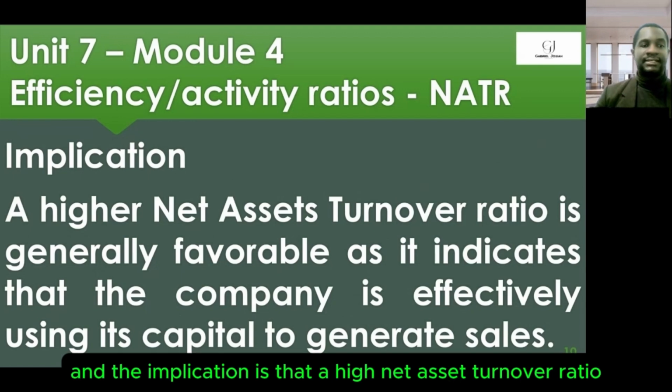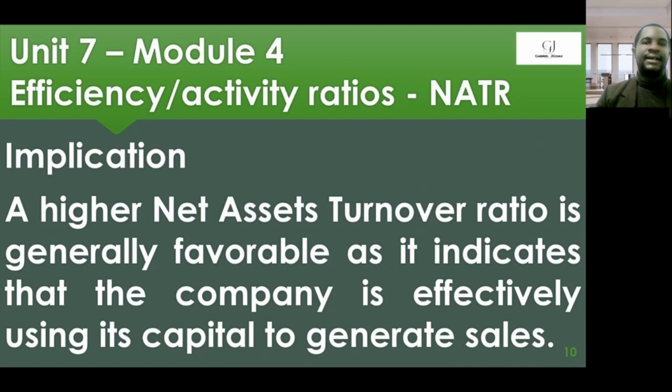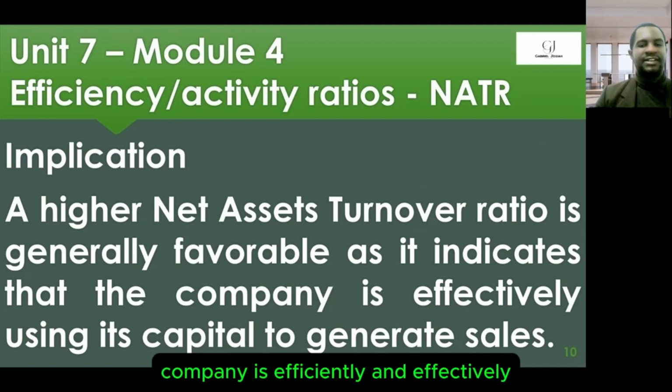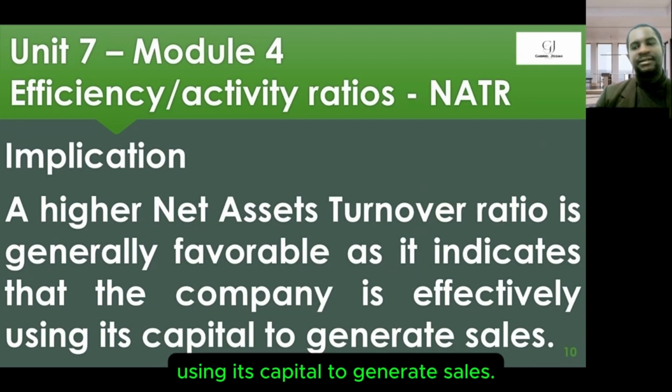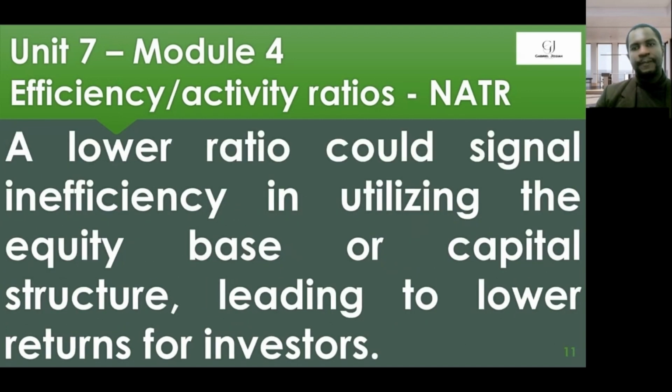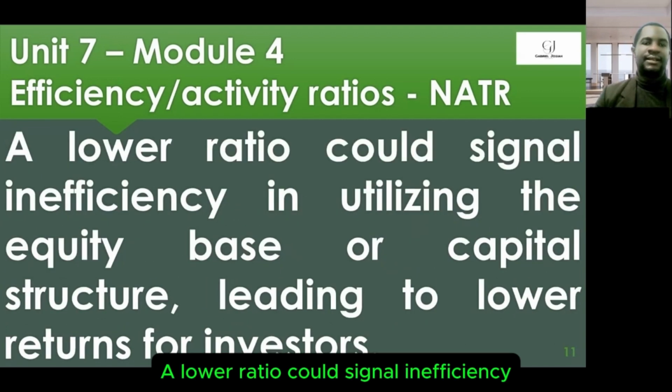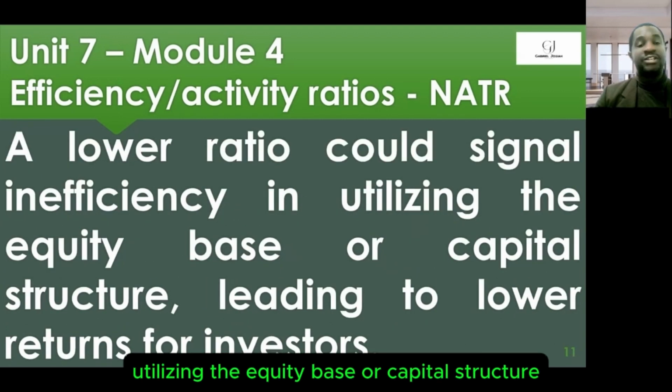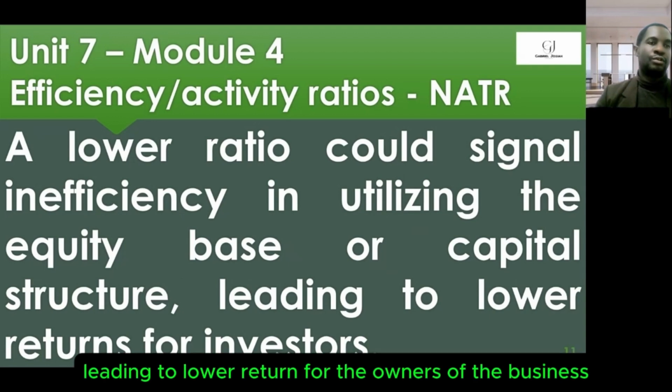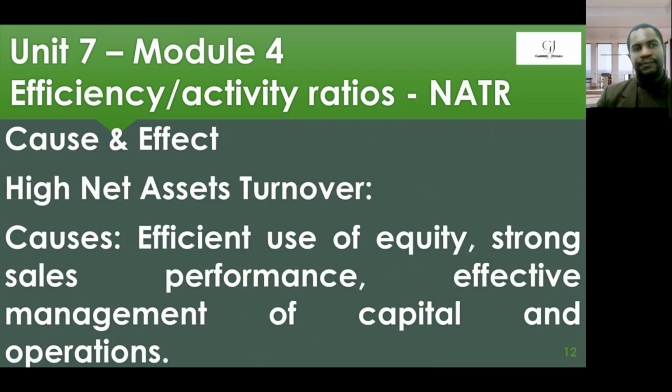The implication is that a higher ratio is generally favorable, as it indicates that the company is efficiently and effectively using its capital to generate sales. A lower ratio could signal inefficiency in utilizing the equity base or capital structure, leading to lower return for the owners of the business or investors.